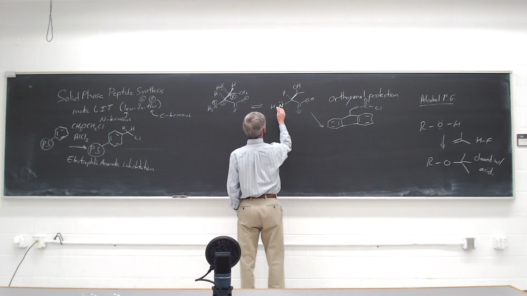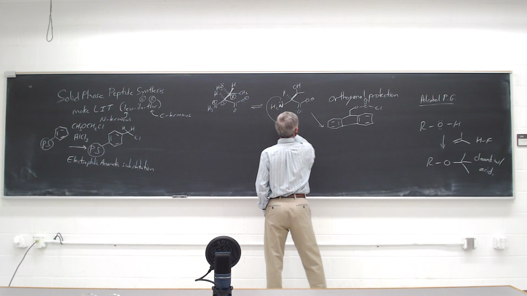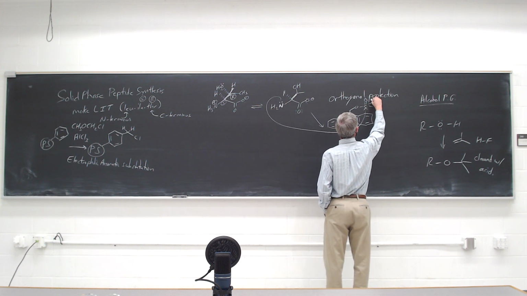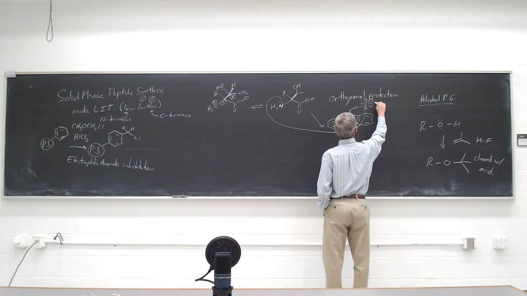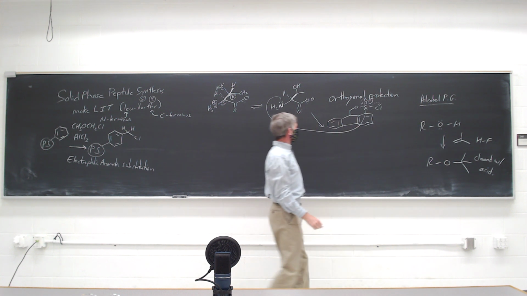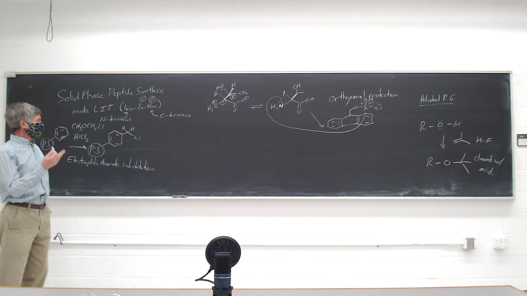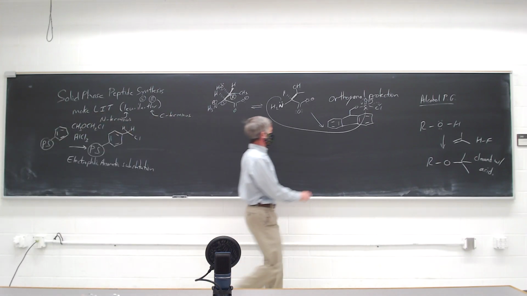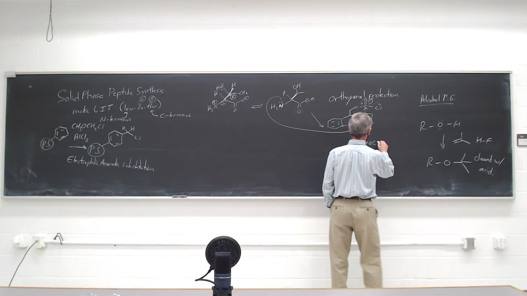So nitrogen is going to come in here. It's going to attack this carbonyl group, pushing a pair of electrons onto oxygen, and then in the second step, that'll come back down and kick out the chloride. We'll have a proton transfer step, and we will end up with our FMOC protecting group.